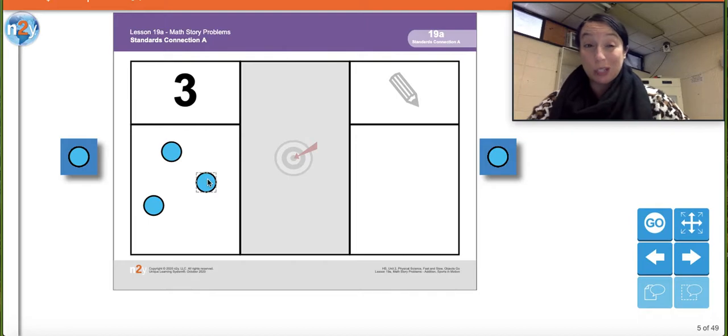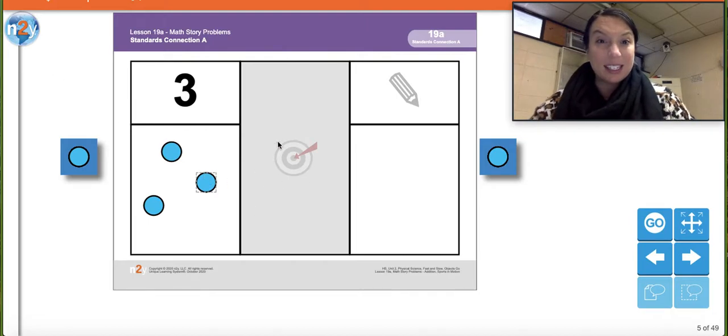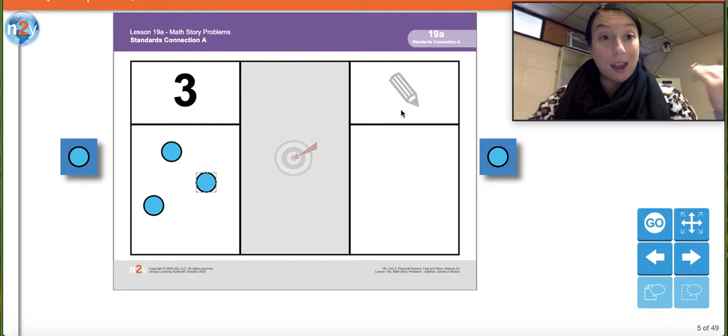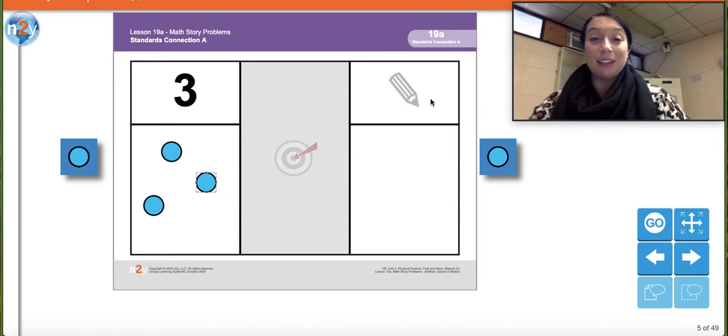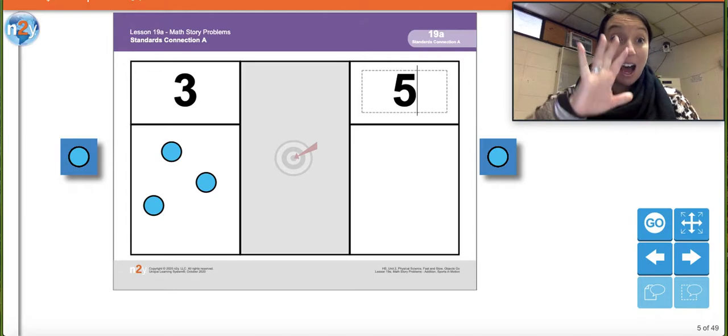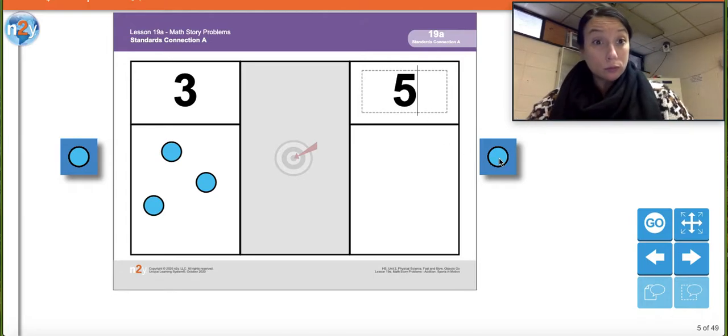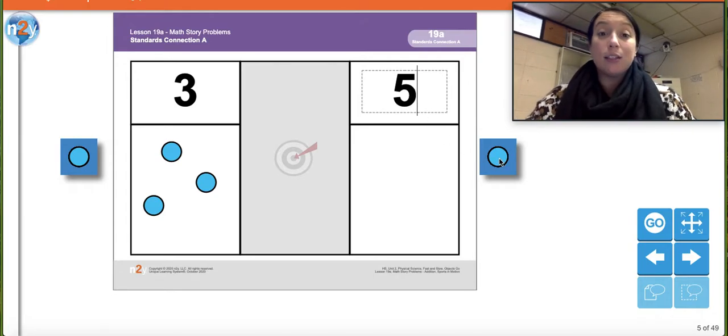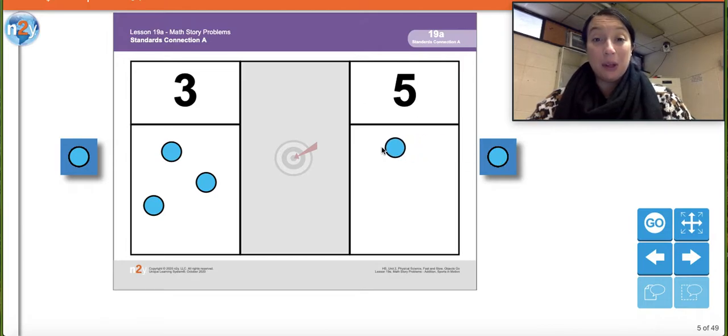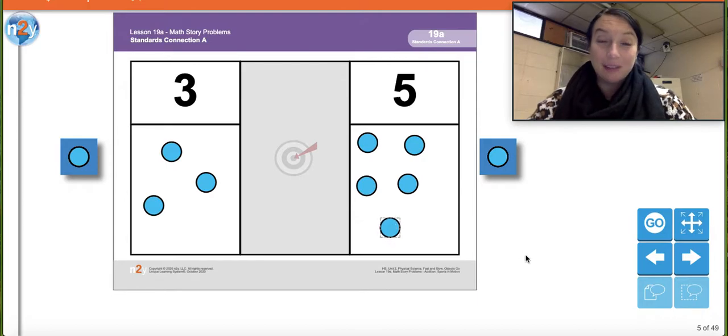All right, so let's try our second number, then we'll make a decision about if it's greater than, less than, or equal to. Let's pick 5. So let's put 5 blue dots so we can represent 5. 1, 2, 3, 4, and 5.